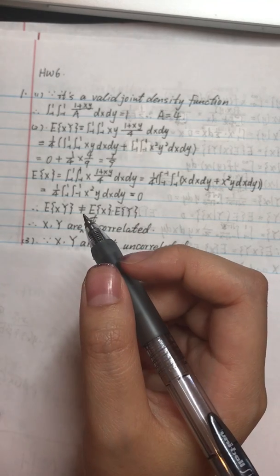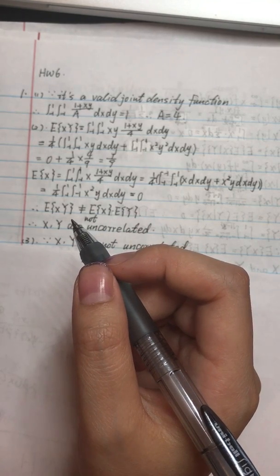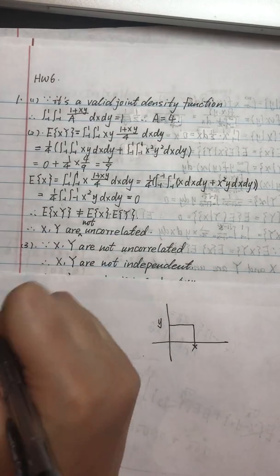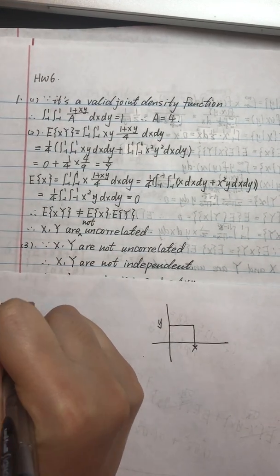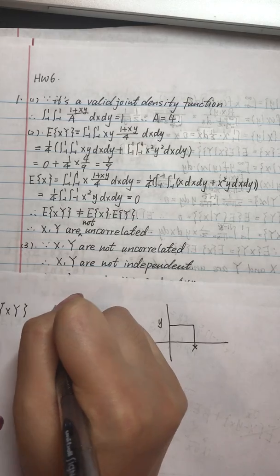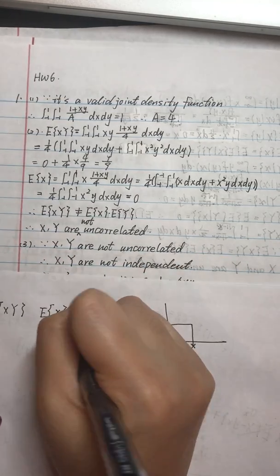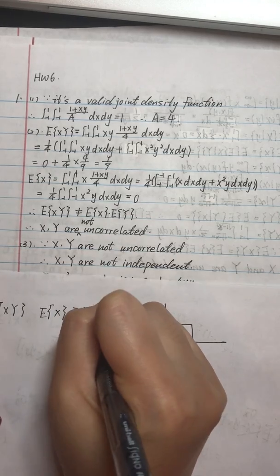And question 2 is to show whether X and Y are uncorrelated. That is, we want to compare whether E[XY] equals E[X] multiplied by E[Y].